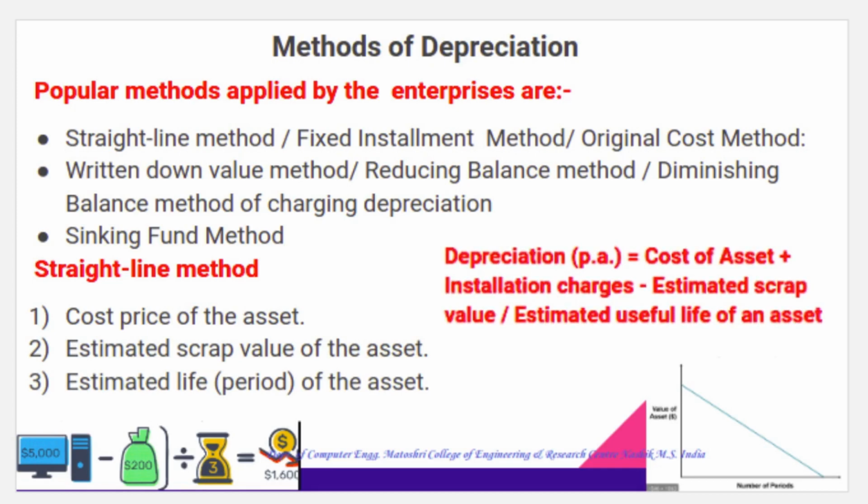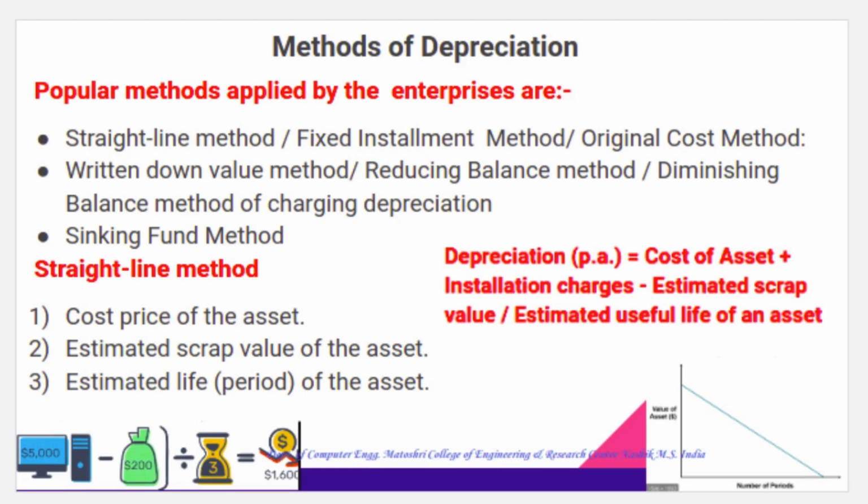This method is useful for those assets whose working life can easily be estimated, that is, period based assets such as patent or lease, where the effective life of an asset is measured irrespective of the use of the service from the asset.